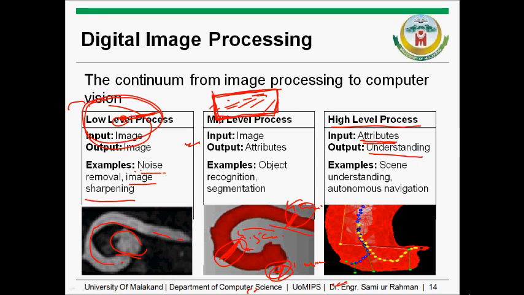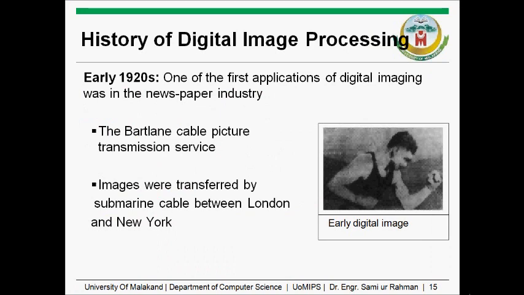Now this is history, and personally I'm not very interested in history. You can go through these slides, like what was the first image which was acquired. One of the first applications of digital imaging was in the newspaper industry, and this image was transferred from New York to the UK in 1920.